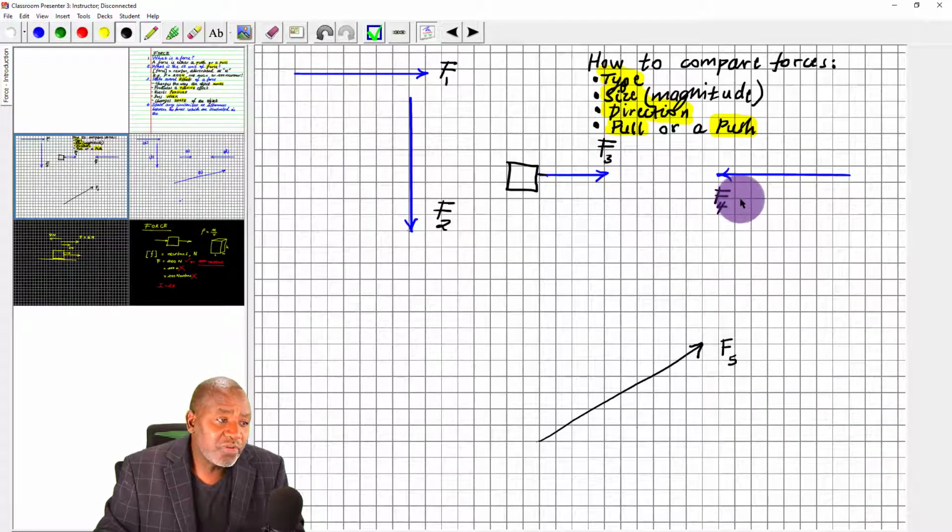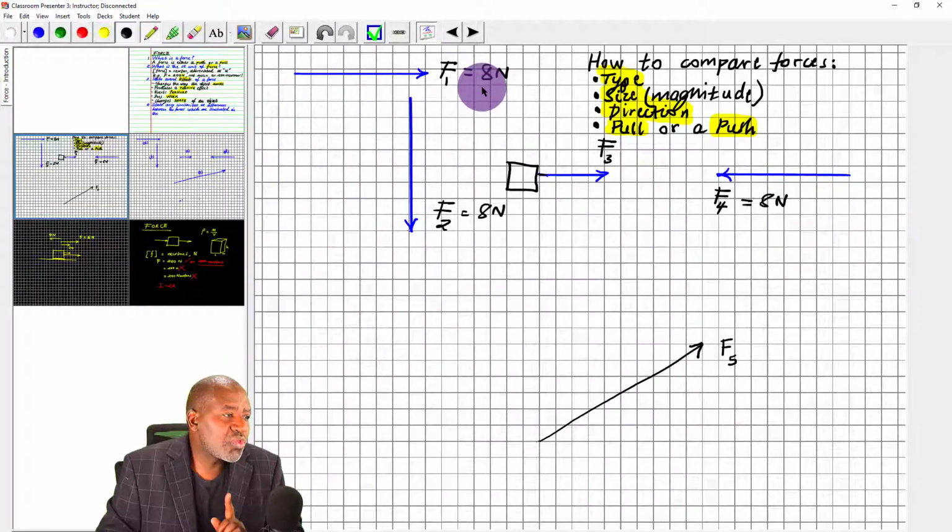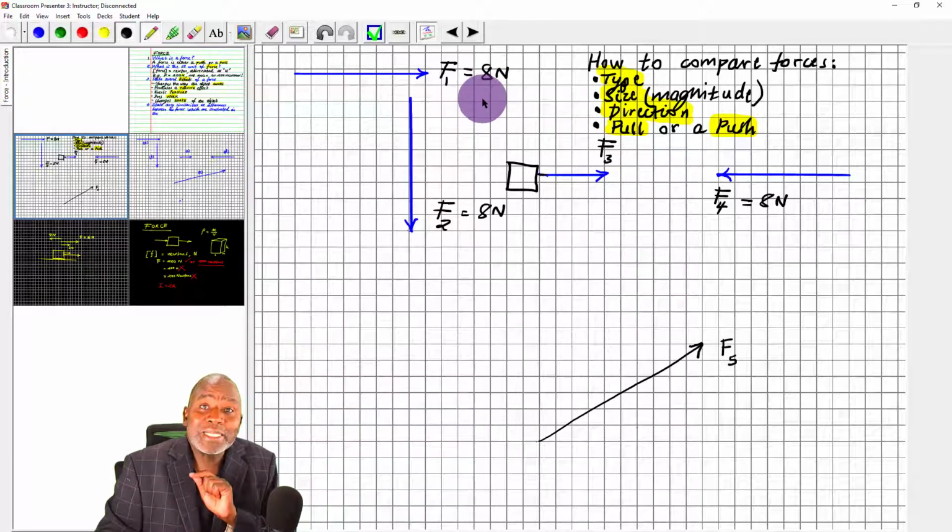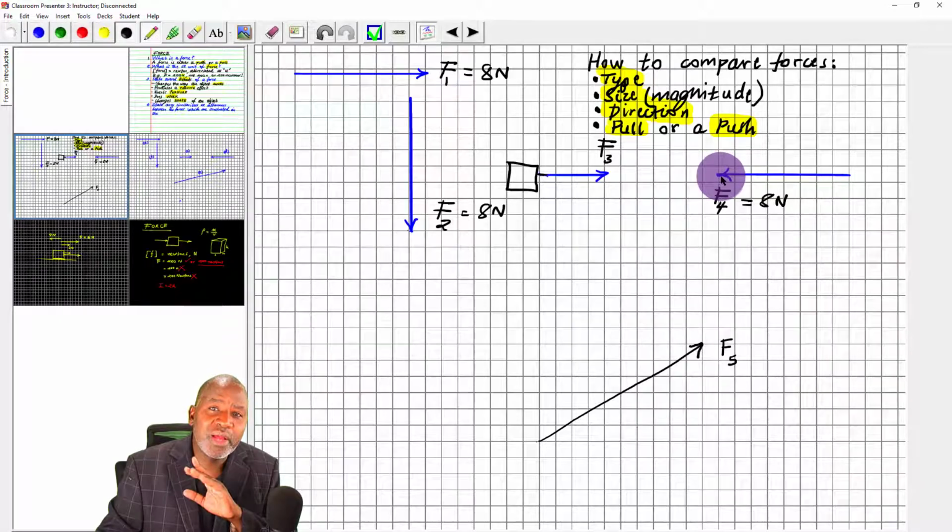We can say each one of them is 8 newtons. We are able to draw that similarity by understanding that the length of the arrow, or this line segment, is proportional to the magnitude of the force. And by magnitude, remember, it simply means size, which is a number, 8, and a unit, newtons.